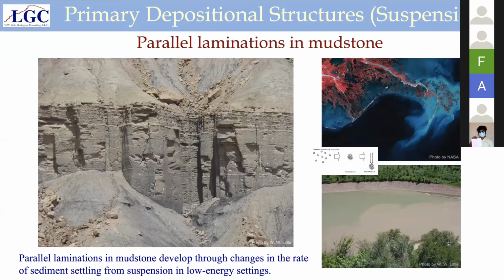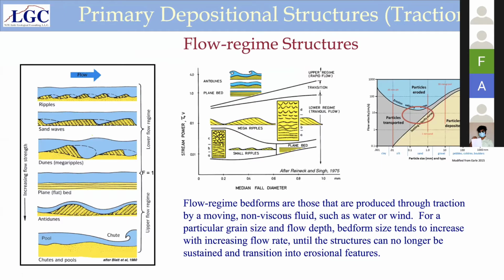Okay, most of my discussion is going to deal with this next category, what we refer to as flow regime structures. Now, flow regime refers to a sequence of formation of structures related to an increase in energy, that is, in flow velocity.